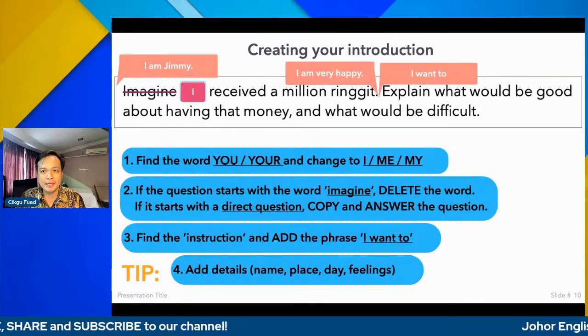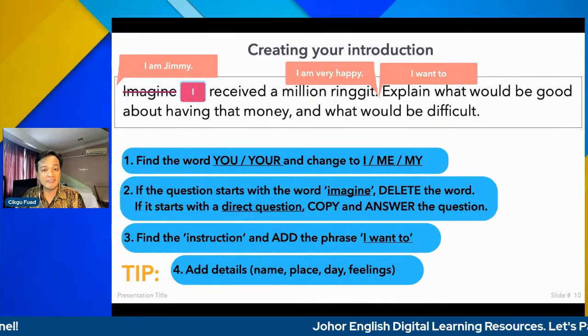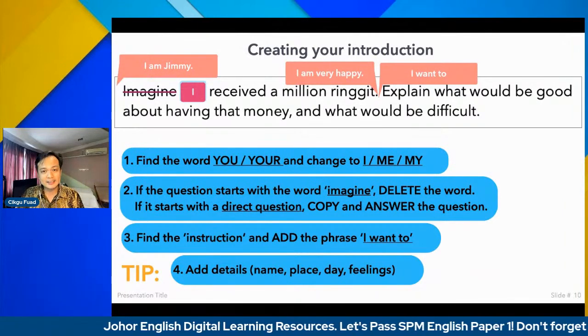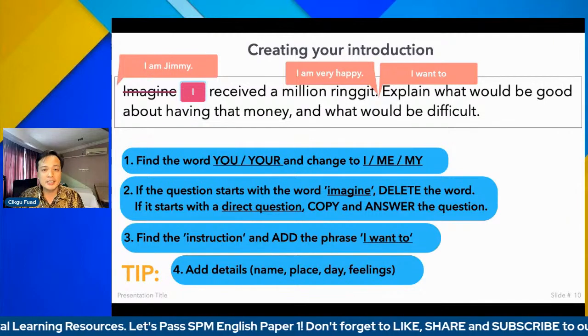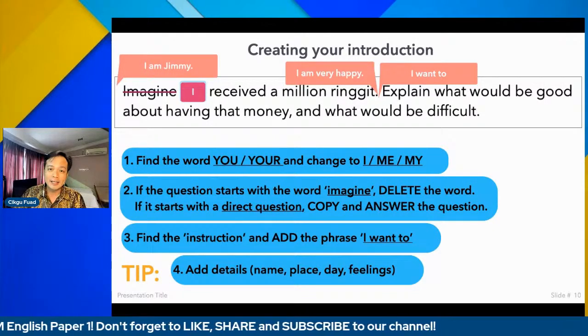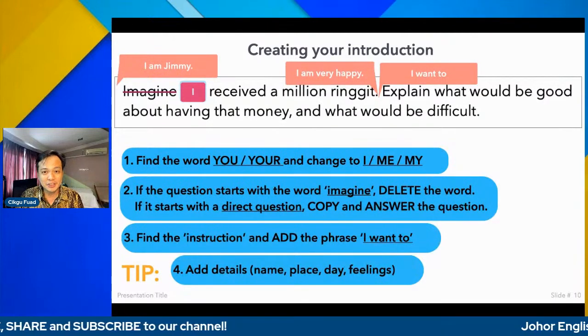I am very happy. I want to explain what would be good about having that money and what would be difficult. Easy, isn't it? So if you have the time to screenshot this, please screenshot and you will refer to this later when you answer other questions. Have you done the screenshot?